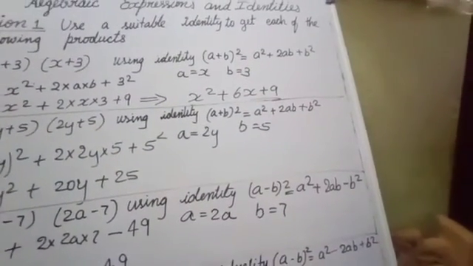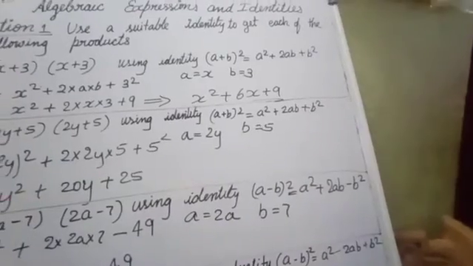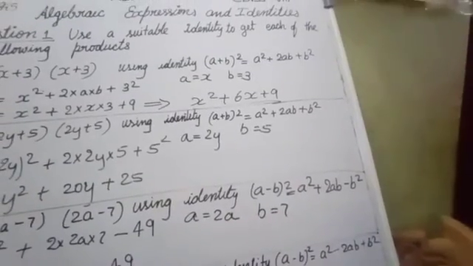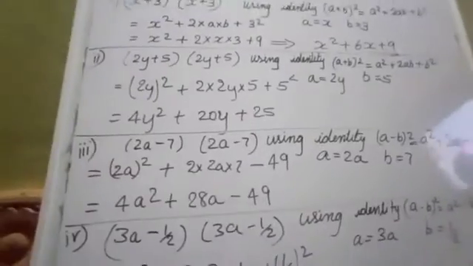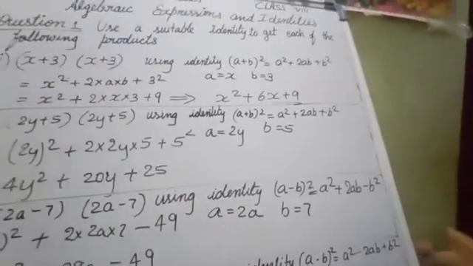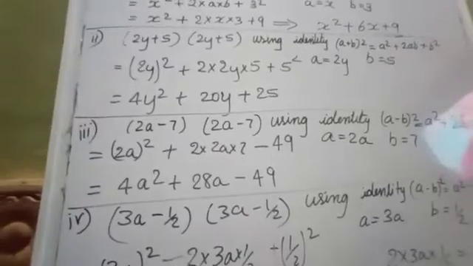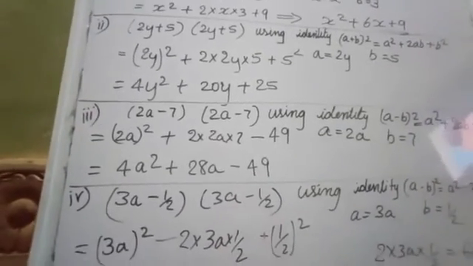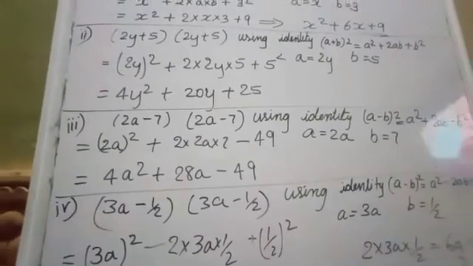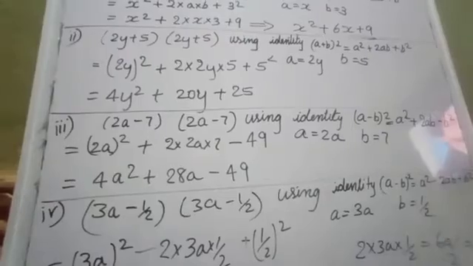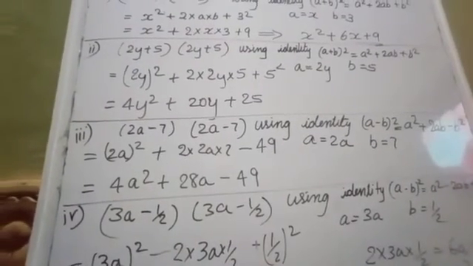Let us see now how we are going to calculate. Here a is equal to 3a, b is equal to 1/2. How? a square means (3a) square, minus 2ab, 2 into 3a into 1/2, b square means plus (1/2) square.